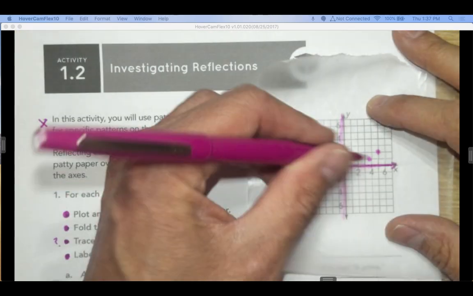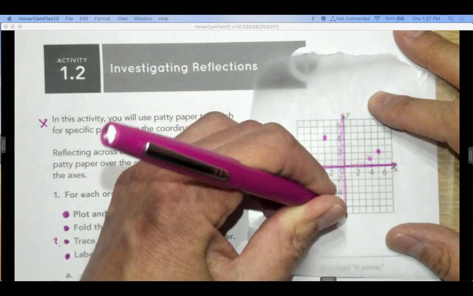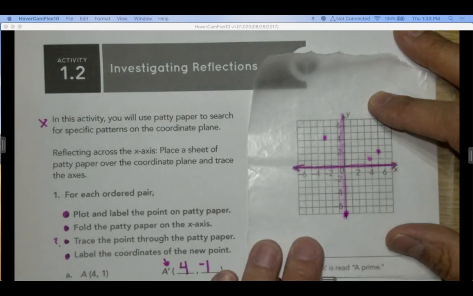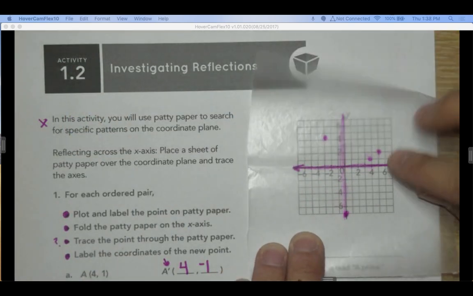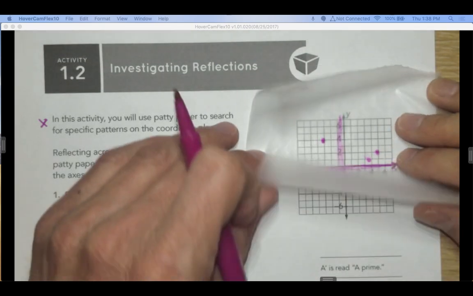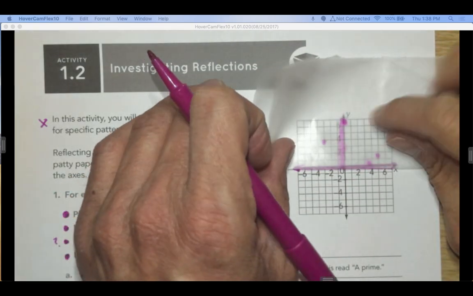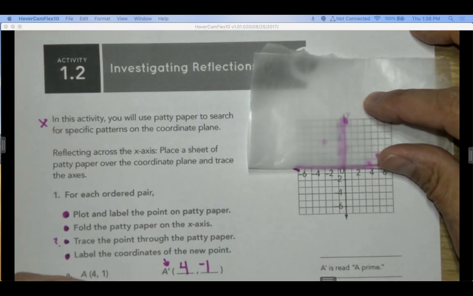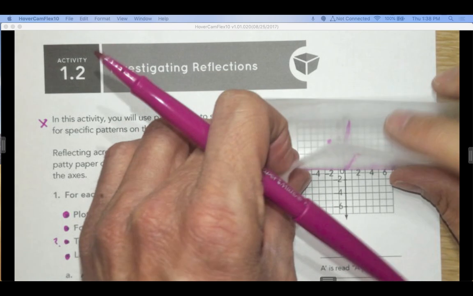So I want to go to 0 and then -7 all the way down there. Then when I fold it over the x-axis, it would fold up this time, and it would fold to 0 and 7.